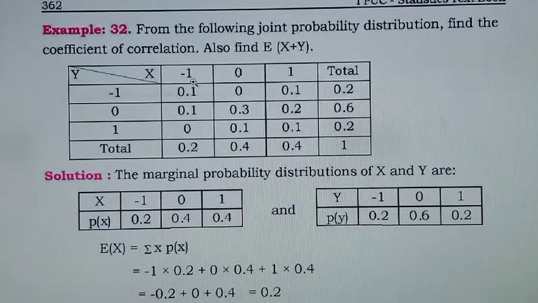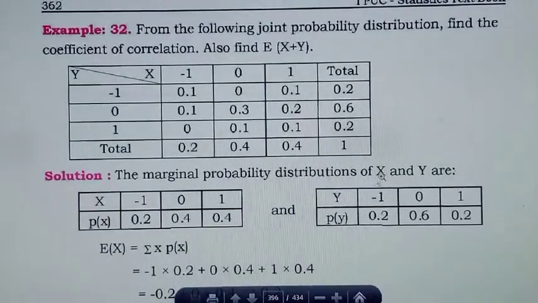These are all row totals and these are all column totals. So the marginal function of x, for -1, 0, 1 with concerned probabilities, we get 0.2, 0.4, 0.4, the totals of the columns. And then the marginal function of y, from the row totals, is 0.2, 0.6 and 0.2. Those are the marginal function of y.